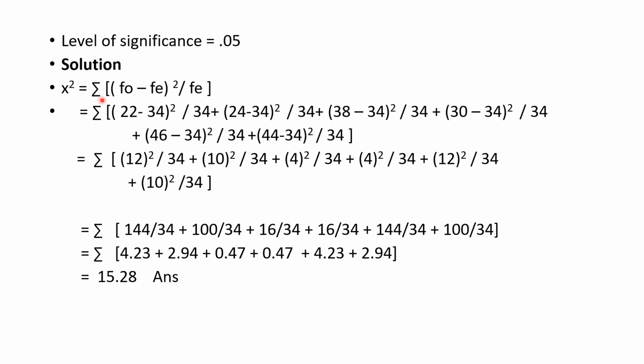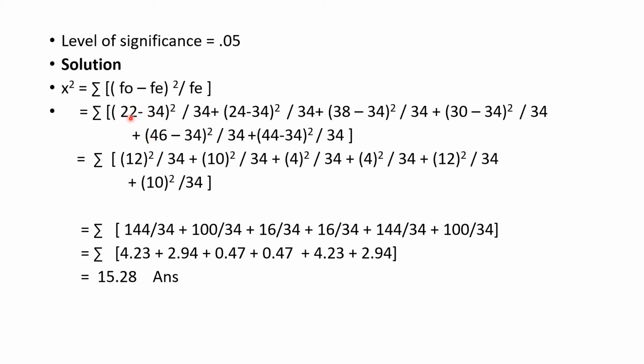Now the formula is written here, which I showed you earlier, and now we place the values here. For observed frequency, we have 6 scores: 22, 24, 38, 34, 30, 44 and 46. So one by one we place the values.